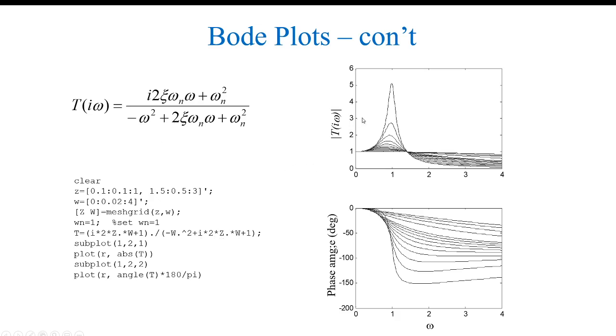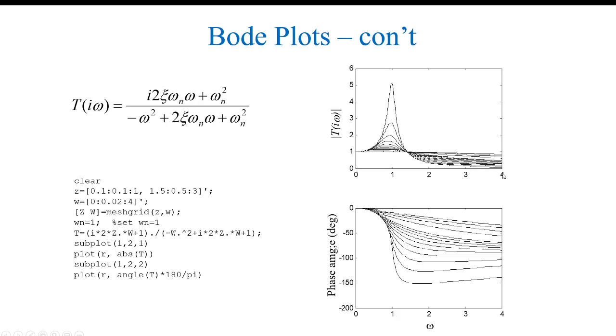So these are the Bode plots generated for many values of damping ratio zeta from 0.1 to 3, not equal interval. I think I used 0.1, 0.2, 0.3 all the way up to 1. Then I went 1.5 to 2.5 and 3. For the input frequency ranging from 0 to 4.